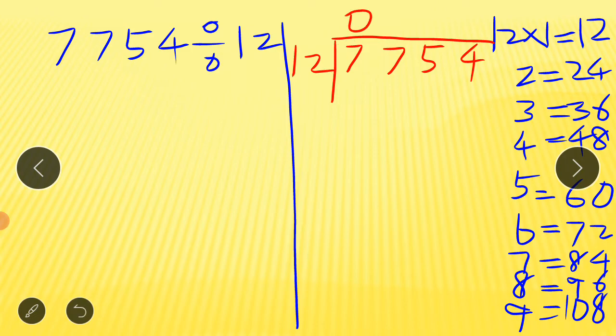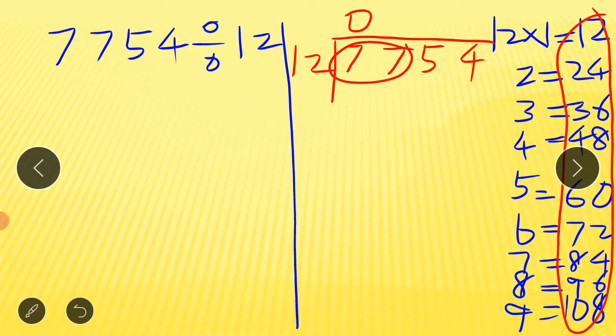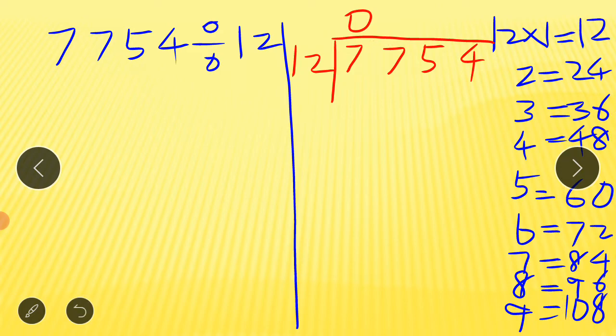Children know here 7 is not divisible by 12, so you can place 0 here, or you can even leave it. Why do we place 0? Because 7 is not divisible by 12. So let's take 77, that is a 2-digit number, and check whether 77 is there or not. No, 77 is not available. So we need to see just smaller than 77.